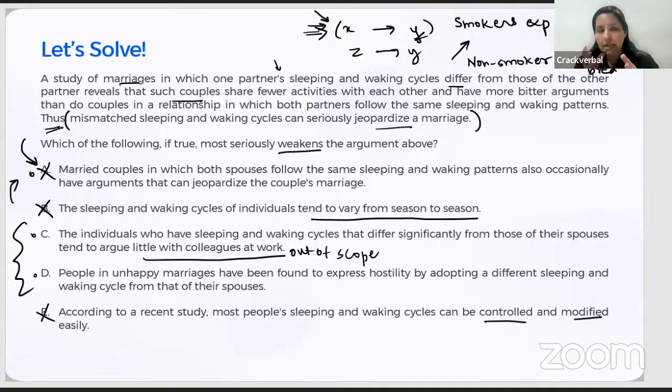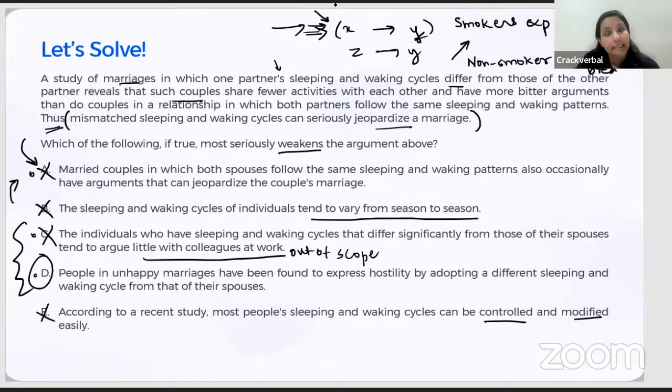We need to always ask ourselves, how does this piece of information affect my causal argument? Fine, they may tend to argue a little at work. That doesn't mean that mismatched sleeping and waking cycles do not jeopardize a marriage. That's what I'm looking for. So this is actually out of scope. This has no relationship whatsoever with this relationship over here.